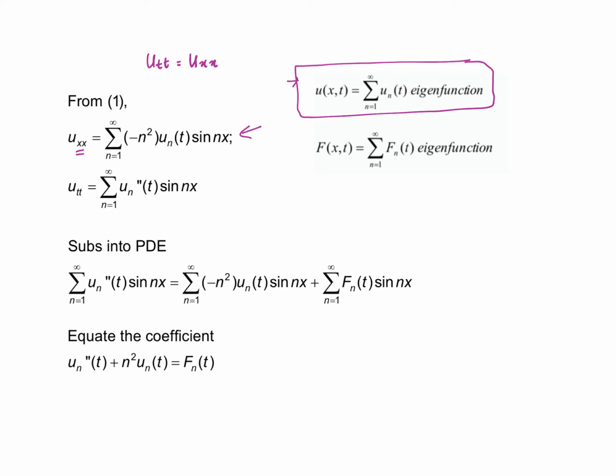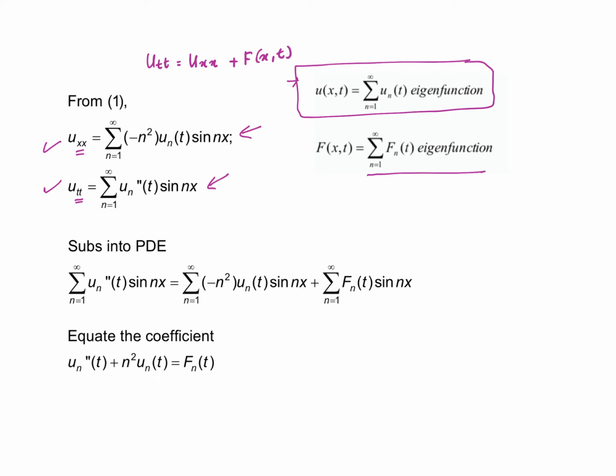And when we differentiate this with respect to t twice, we will get this one. And now we are going to substitute into the PDE that we have. So we just write it back. We will have u_tt equal to u_xx plus F(x,t). So our F(x,t) will be this one, f_n(t) times the eigenfunction.